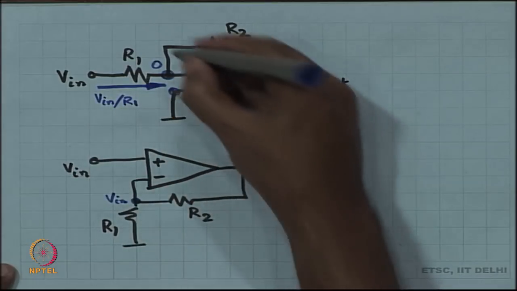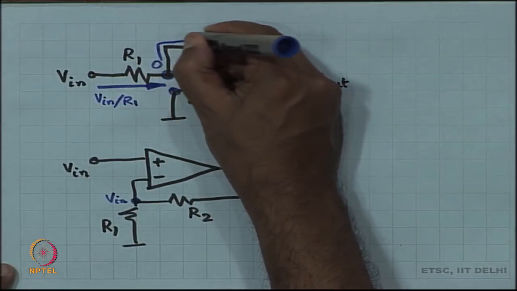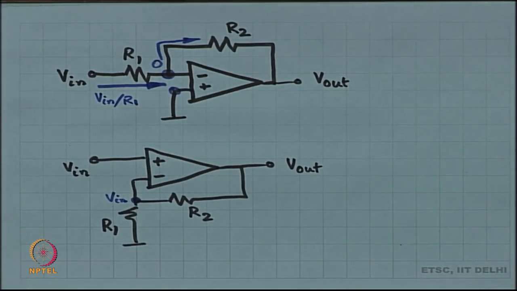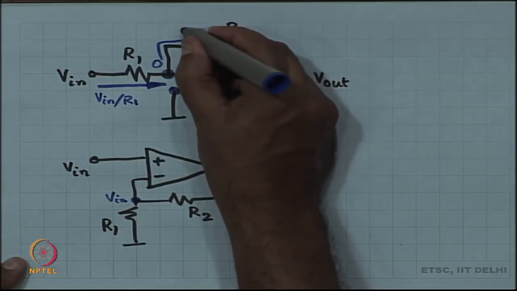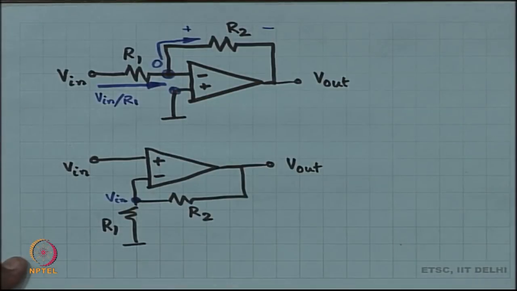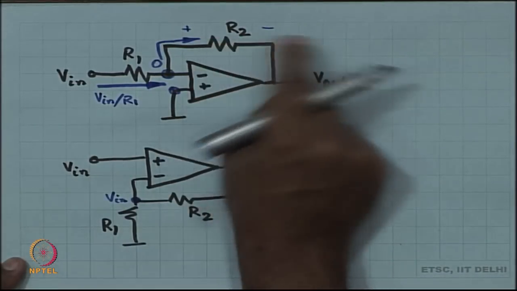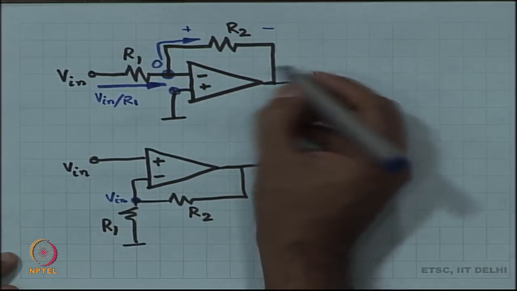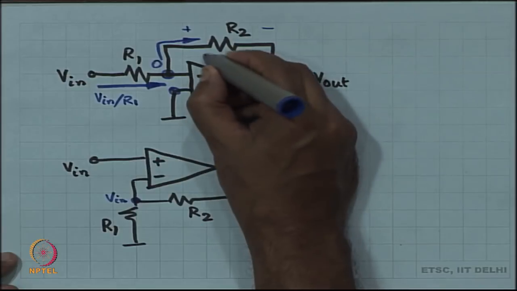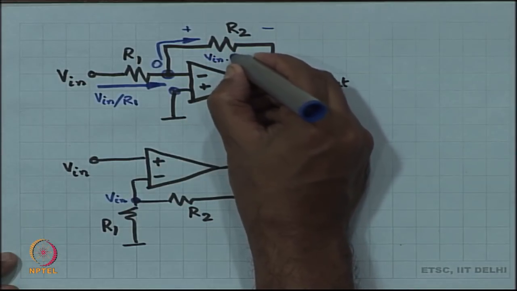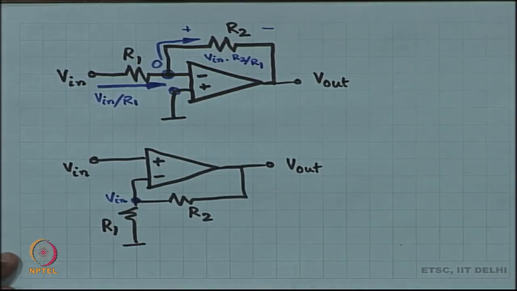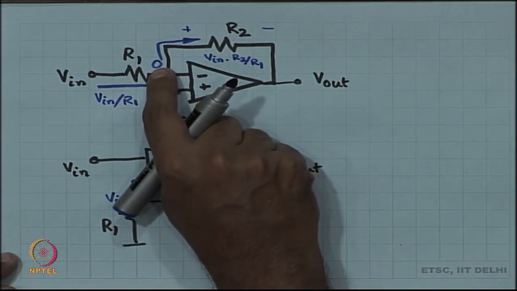All of this current is forced to go the other way, because no current can go into the minus terminal, which means that the drop across the R 2 resistor is going to be the current times R 2, which means that the drop across the R 2 resistor is going to be V in times R 2 by R 1. Okay. You start from 0.